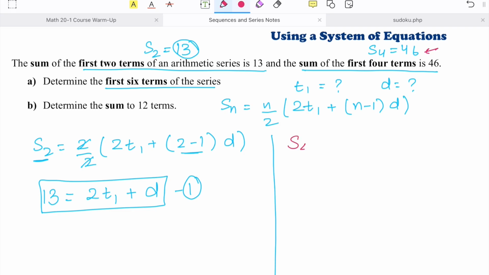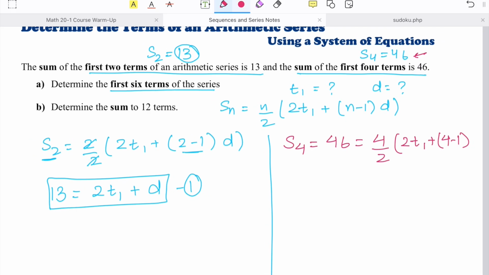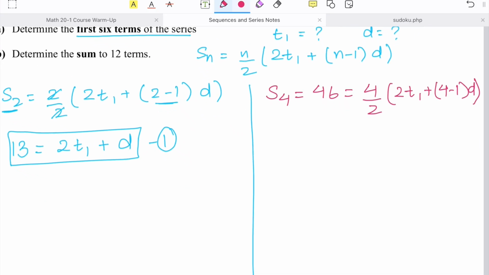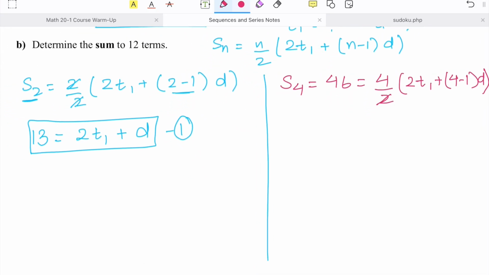Now for S4, which is equal to 46, I'm going to use the same formula. 4 over 2 times (2t1 plus (n is 4, so 4 minus 1) times d). Okay, let's simplify that as well. 4 divided by 2 is 2, right? So 2 times (2t1 plus 3d) is equal to 46.